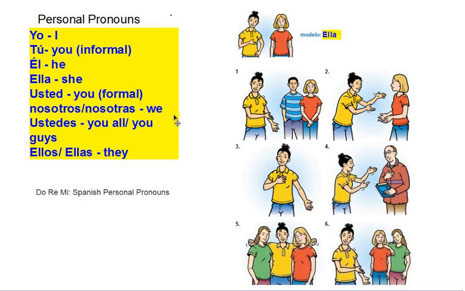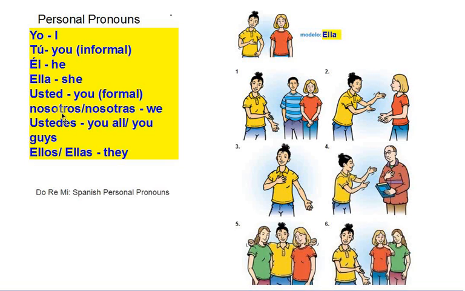Nosotros means we, but we also have nosotras. So how can we use them? Well, nosotros we are going to use when you're talking about we, only boys speaking, or when you're talking about a mix of gender.